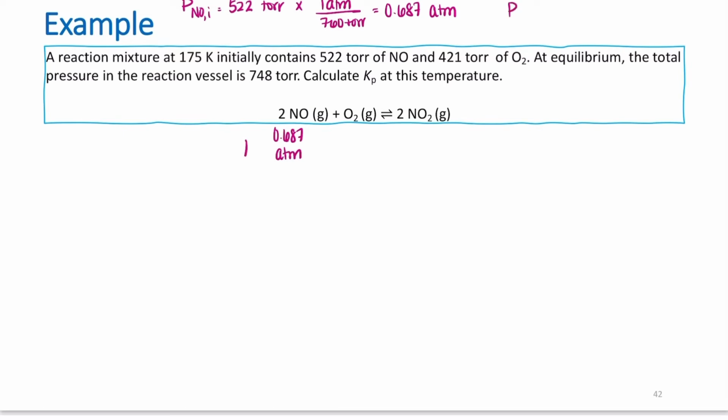I'm going to do the same thing with O2. My O2 initial was 421 torr, which is equal to 0.554 atmospheres. And initially, I don't have any NO2 present.